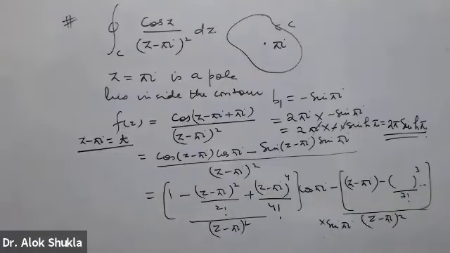Yes? So the 3 factorial, 3 factorial? B1 does not include it. What is b1? So b1 is a coefficient, right? So the 3 factorial, where does it go?